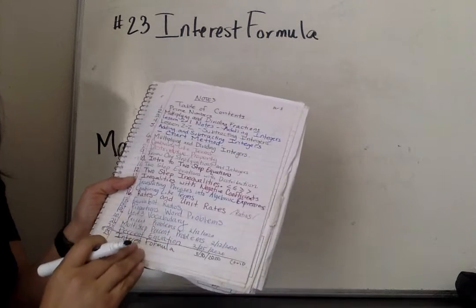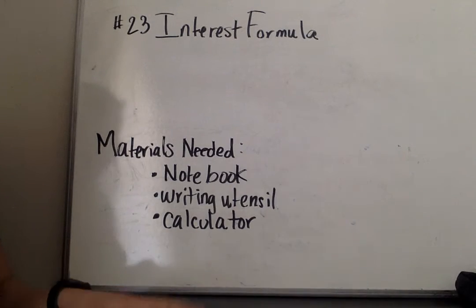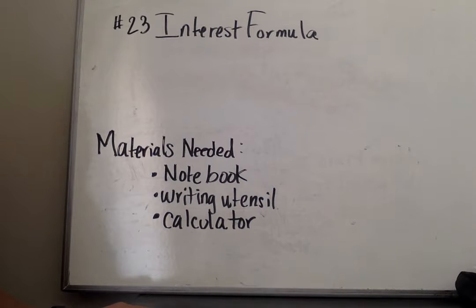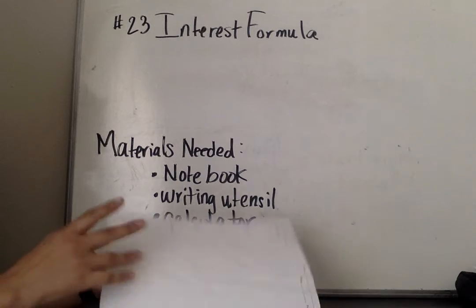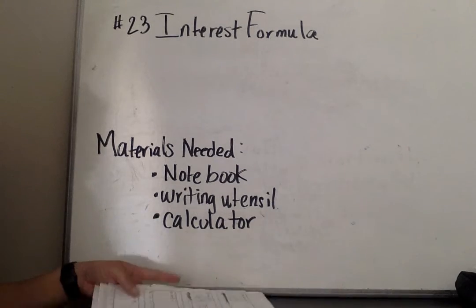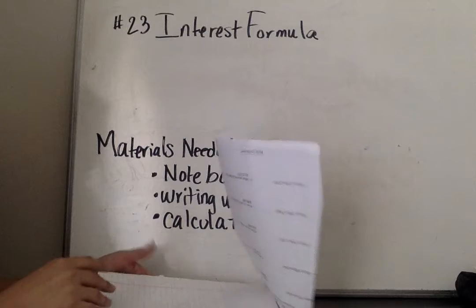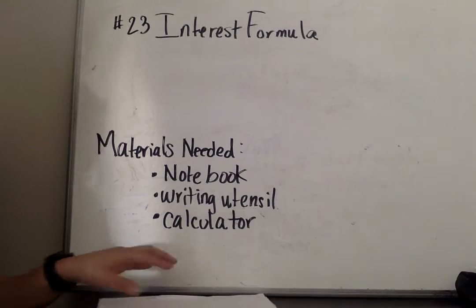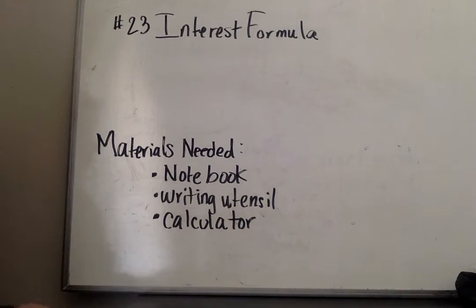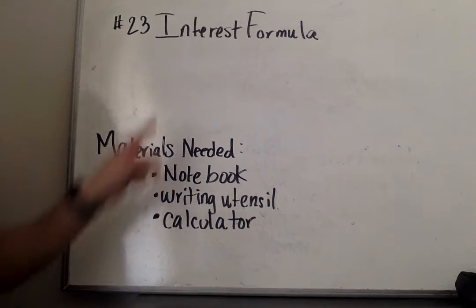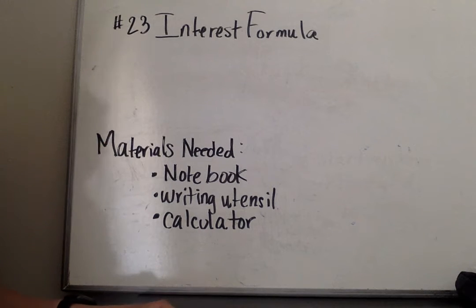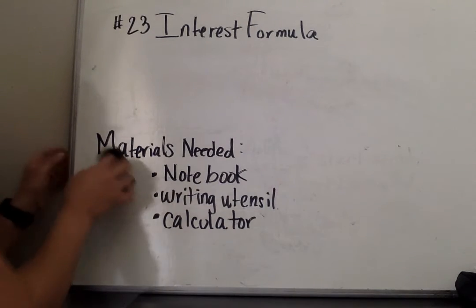This is all stuff you should have already from the rest of the school year. Okay, flip to the next available page so you can write your notes there. Write the title of the page of the notes, which is interest formula. And let's go ahead and get started, okay?